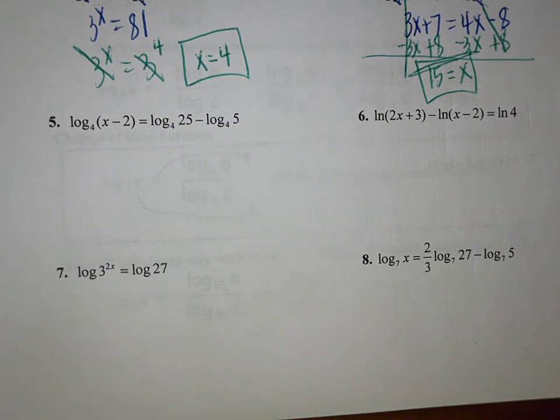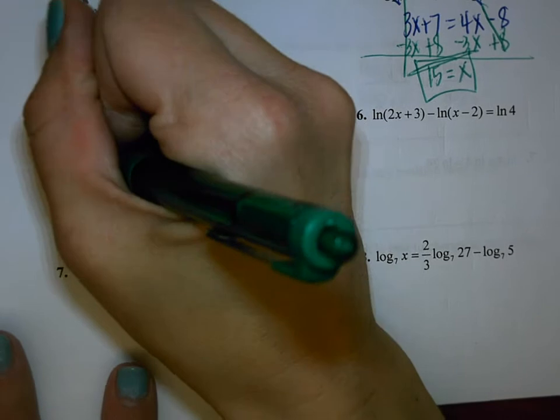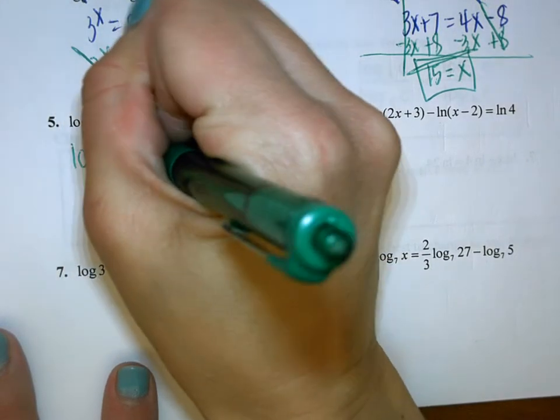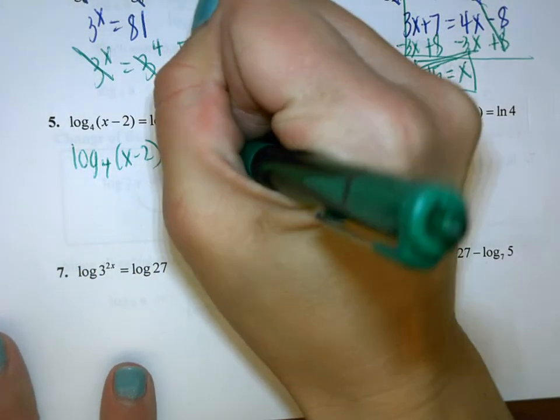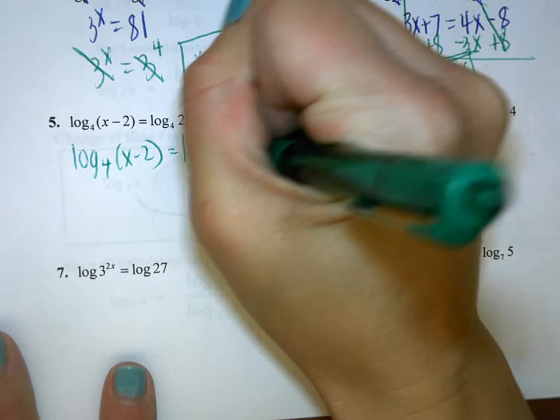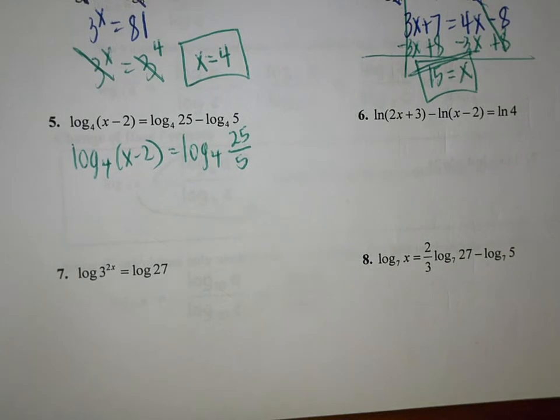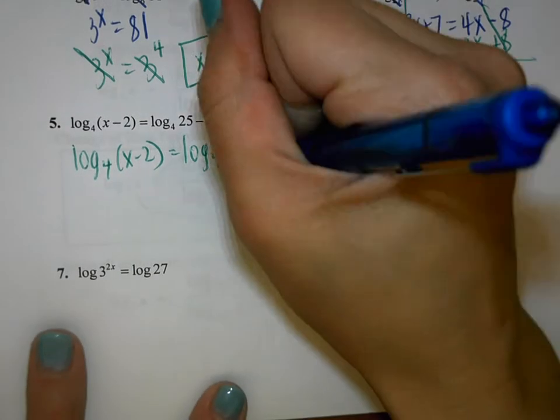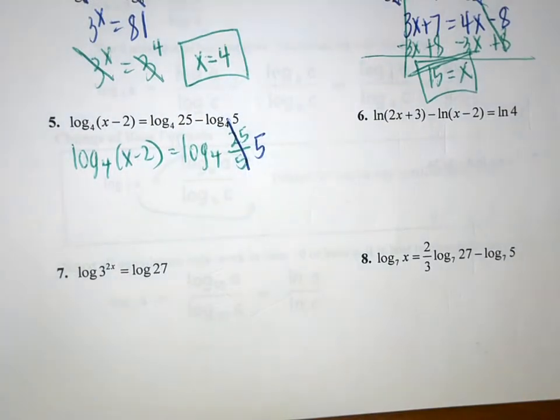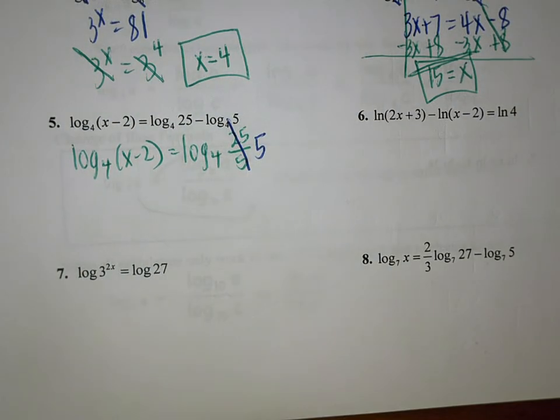Okay, so we still have log base 4 of x minus 2, and then we're going to have log base 4 of 25 divided by 5. And what is 25 divided by 5? 5. So I'm just going to cross this out and write 5. Now, do I have a single log on both sides? Yes.